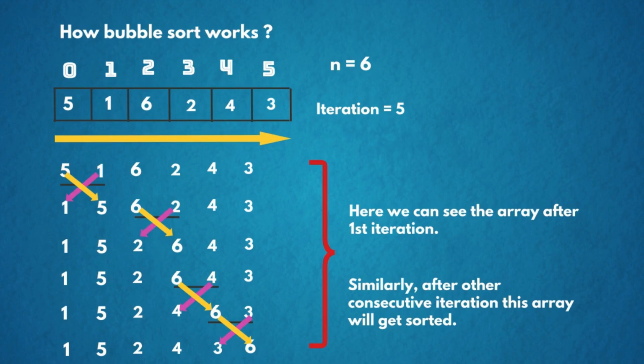Similarly, after the other consecutive iterations, this array will get sorted. As the size of the array is 6, we will have 5 passes for this array to get the required result using bubble sort.